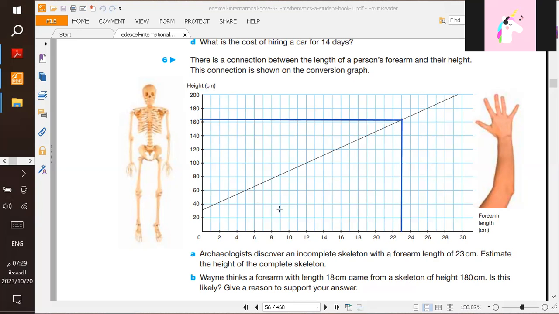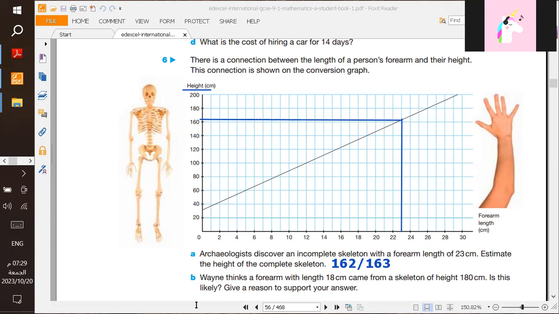This is the height. So basically, the height may be 162 or 163, okay? So this is the answer for the first one. Maybe 163 or 162. This is the first question. Question A, 162 or 163.